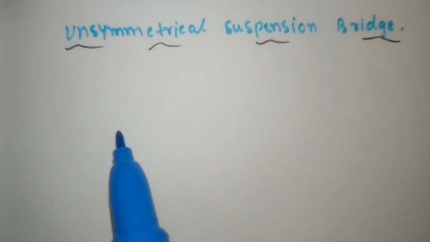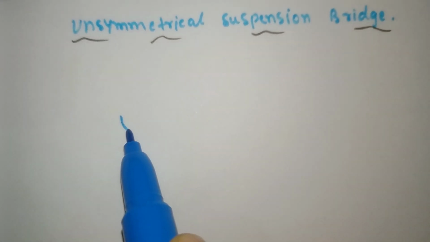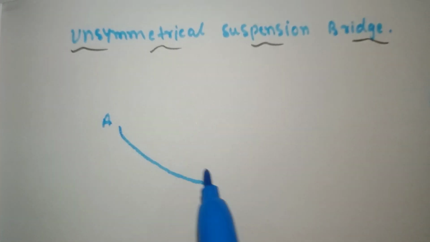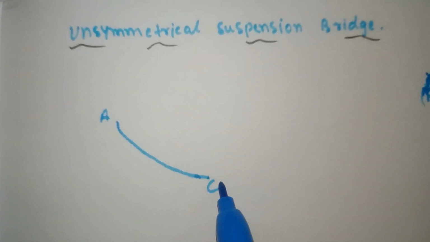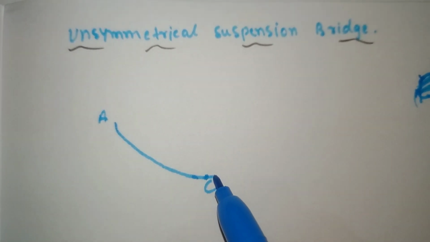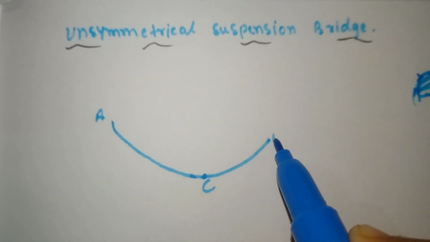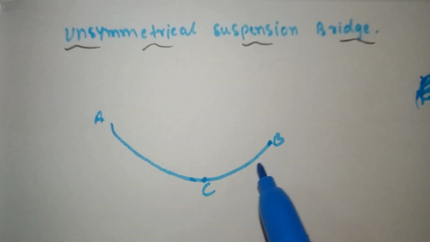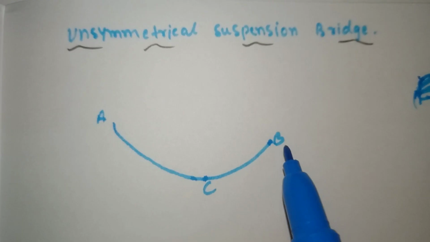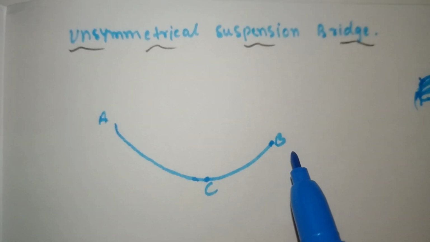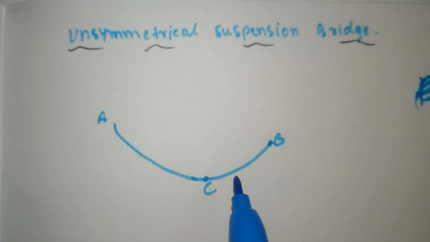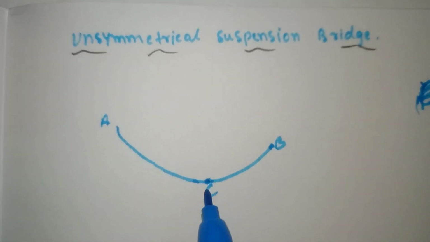This is point A, this is C. This is one part and from here to here is one part. This is one cable, A to C, and from C to B is another cable. Both cables are connected to each other but the curve is different.